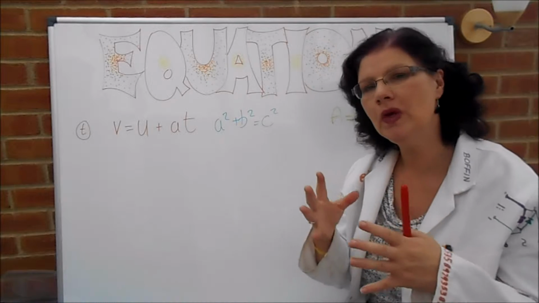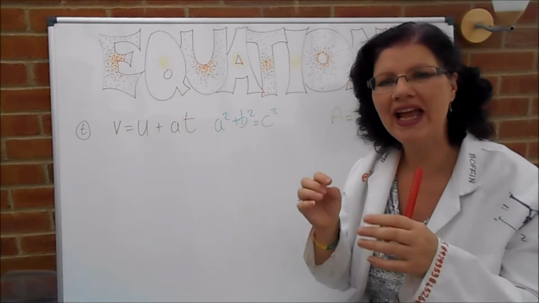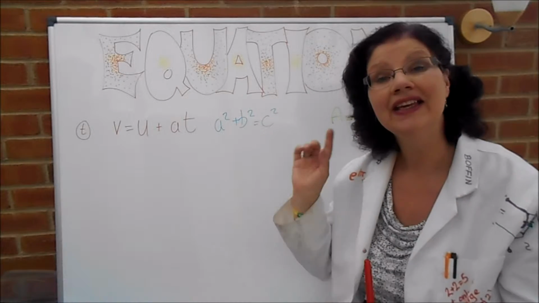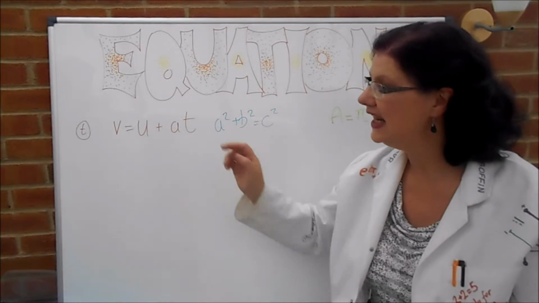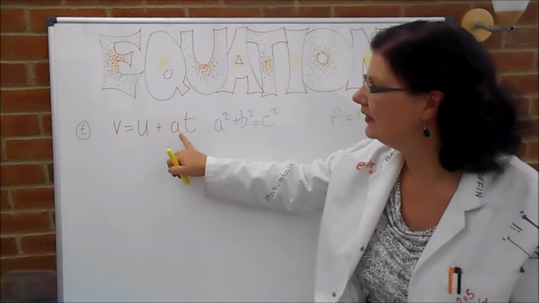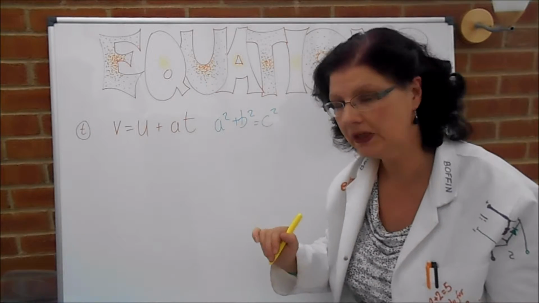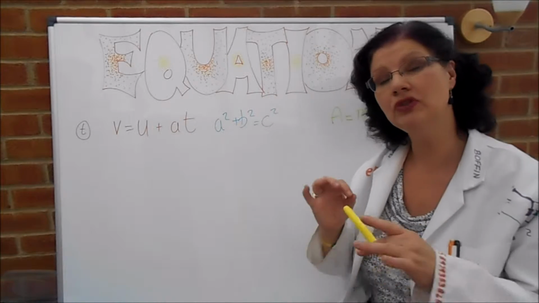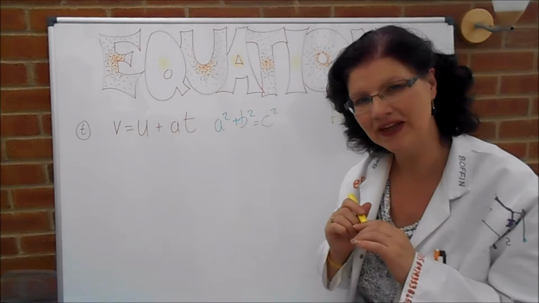So if you think back to when we were solving equations and we had x was like the prize in the middle of the pass the parcel and it was wrapped up with layers, it's exactly the same here. T is the prize in the middle of the pass the parcel and it's wrapped up in layers of a and u. Okay, imagine that these were all numbers and that was an x. It would then be just a simple two-stage linear equation, and that's how we're going to do it.